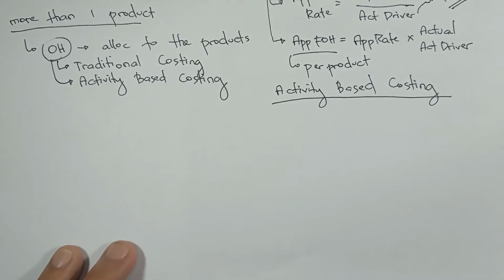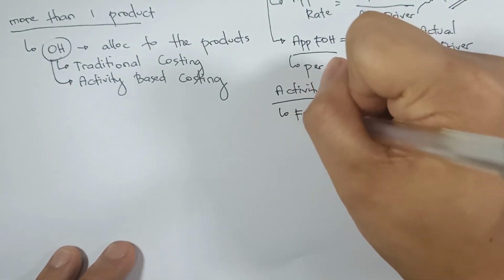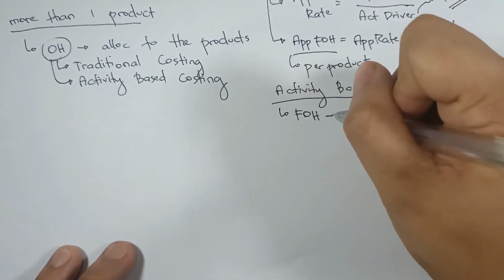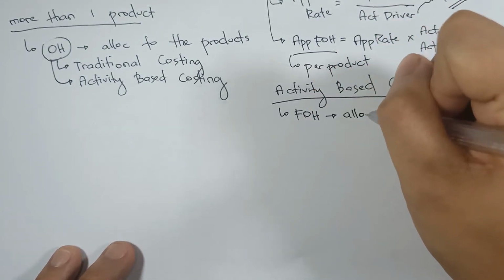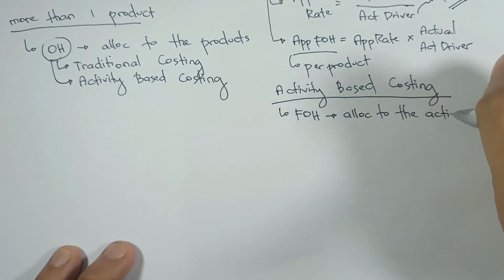Next, punta tayo sa activity-based costing. Natawag itong activity-based costing because the total factory overhead, once again, the total factory overhead will first be allocated to the activities na dadaanan bago ma-produce ang final product.